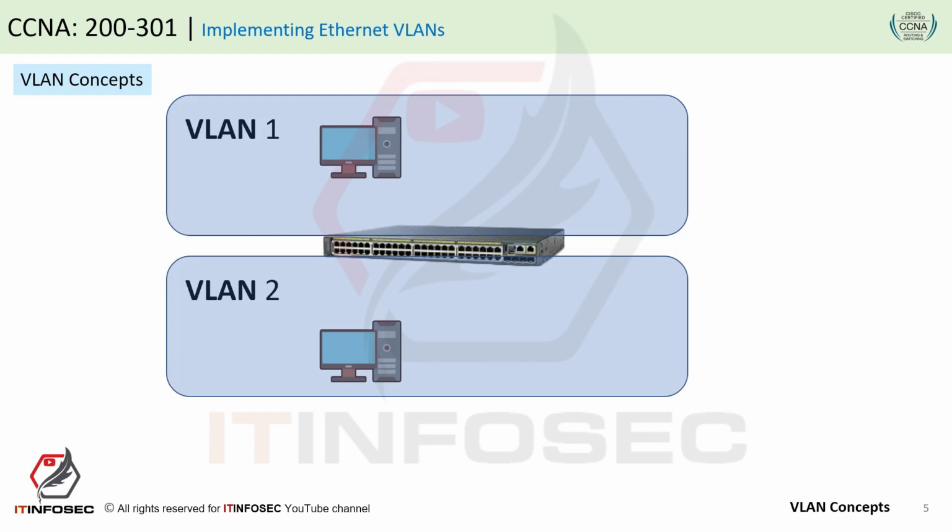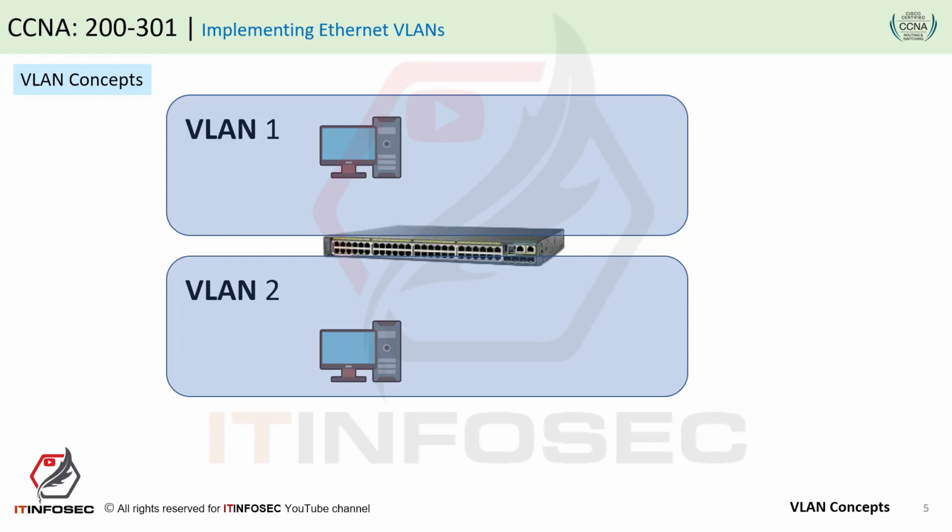VLAN 1 is not deletable, its name cannot be changed, and none of its other properties can be changed. By default all ports of the switch are assigned to VLAN 1 until you change the ports' VLAN and assign them to other VLANs.